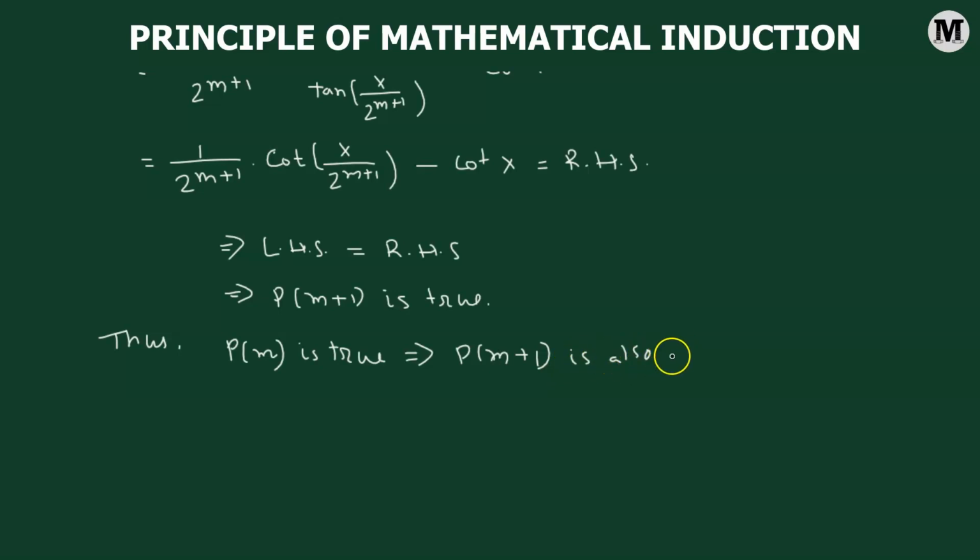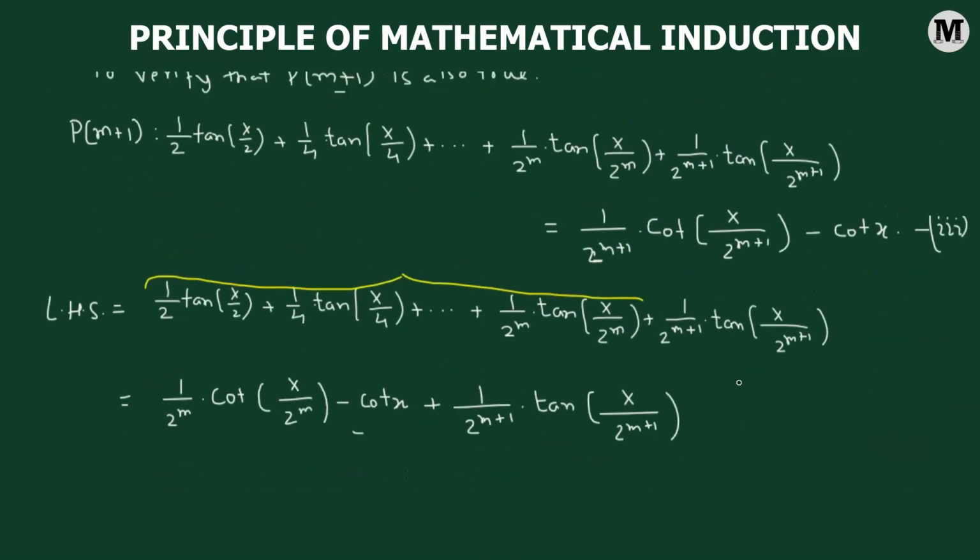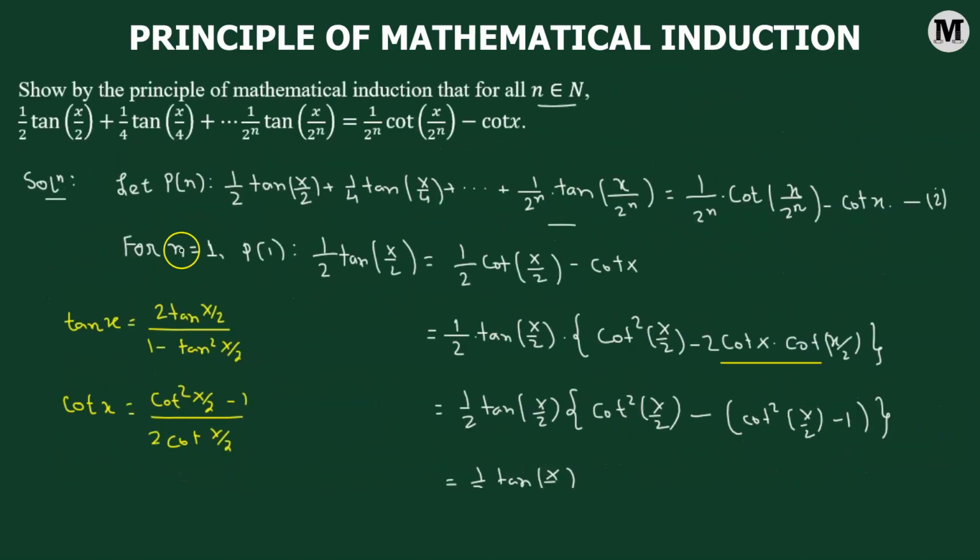If this is true, then by the principle of mathematical induction, we can finally say that the original statement which we considered, that is P of n, is also going to be a true statement, and now it's going to be true for all values of n belonging to the set of natural numbers. That means any natural number that we pick up, the statement P of n, which we considered, is always going to be a true statement, hence proved.